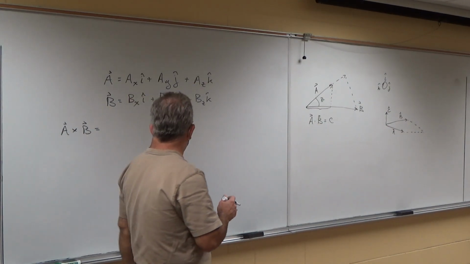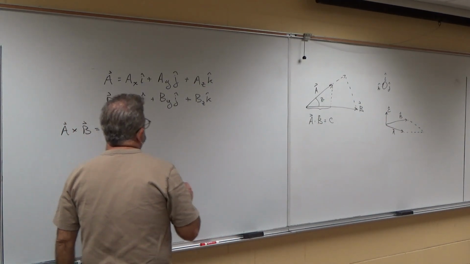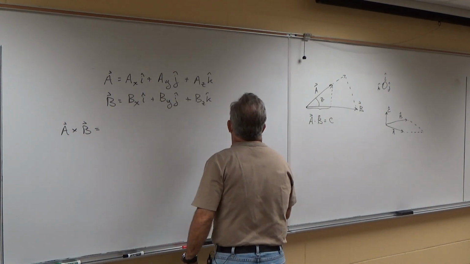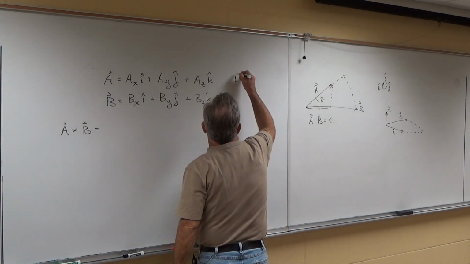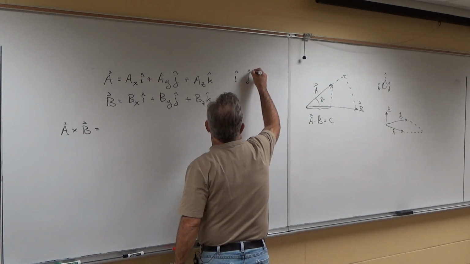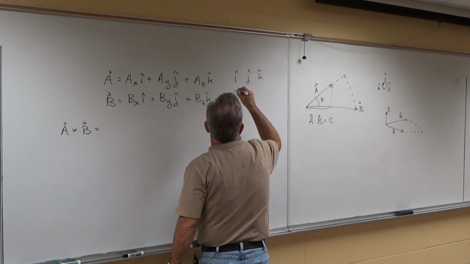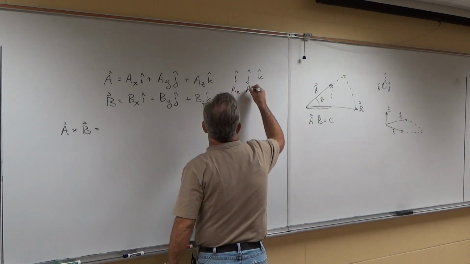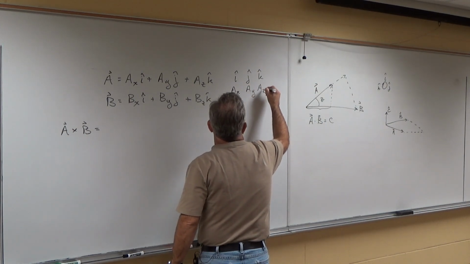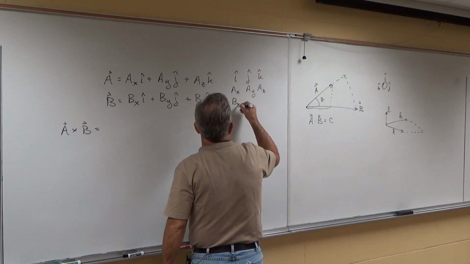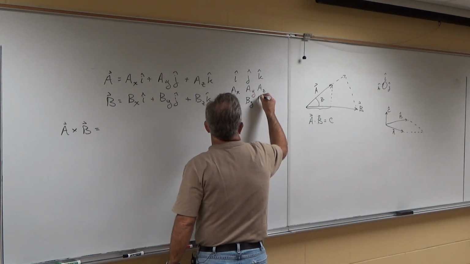But you can also make this little device: I hat, j hat, k hat, ax, ay, az, bx, by, bz.